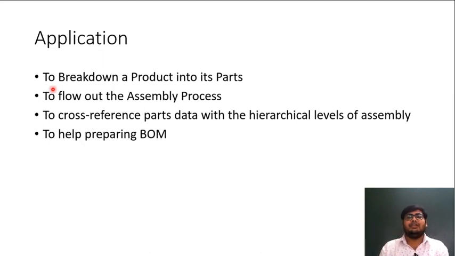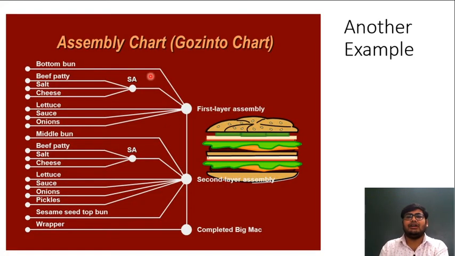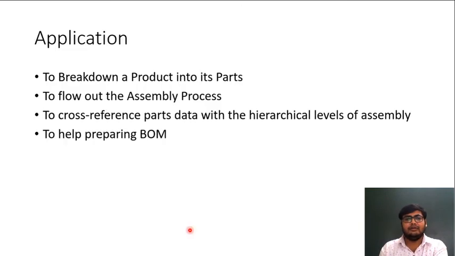As it is obvious from the process till now, it shows the flow of the assembly process. The Gozinto chart shows which components and in which order are to be made to make a complete assembly. Also it helps in breaking down a product into its parts.